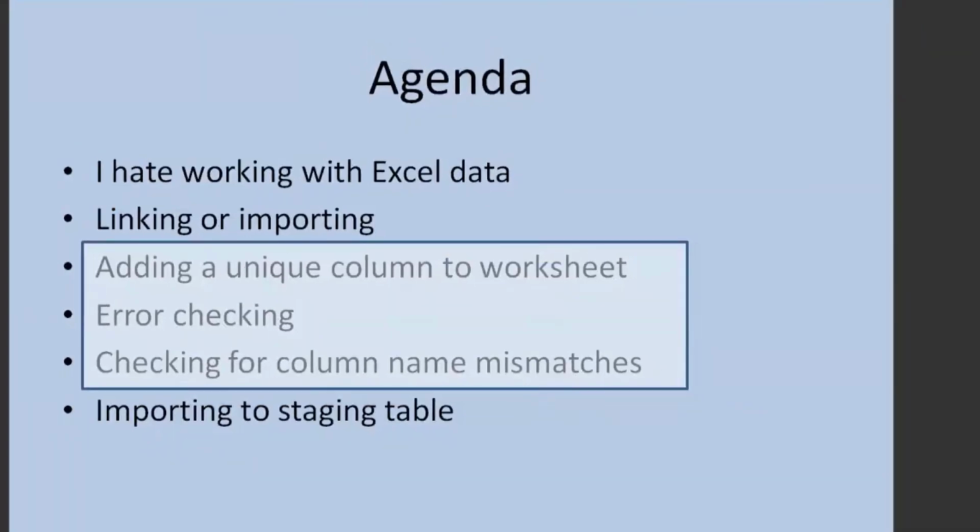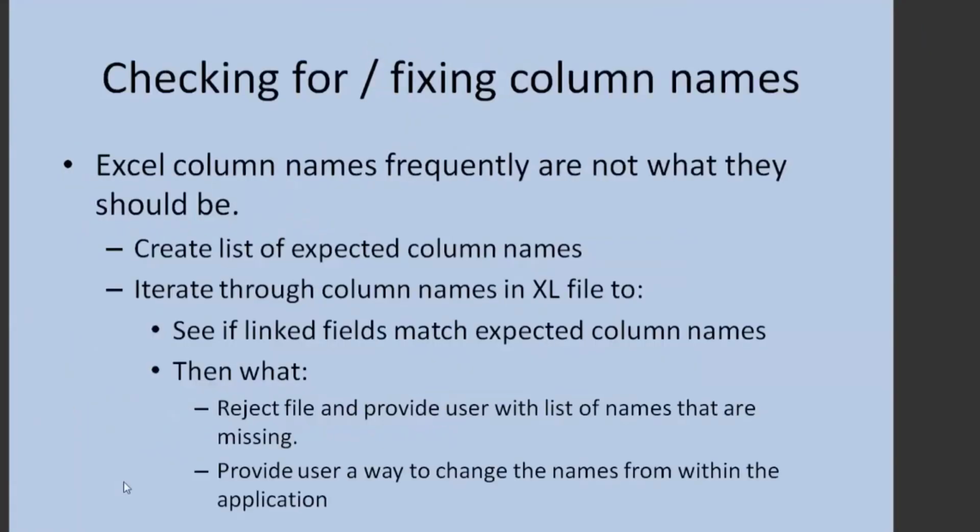Okay, so in the column name issue, you want to make sure that the column names match, or that at least you have some way to match the existing column names up to the column names that you're using in your tables. I've done that a number of ways over the years.